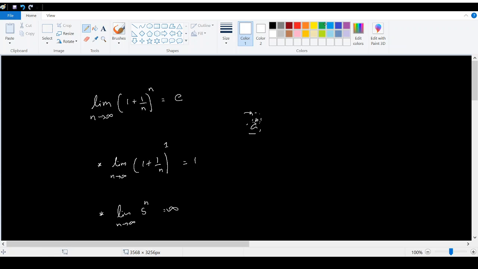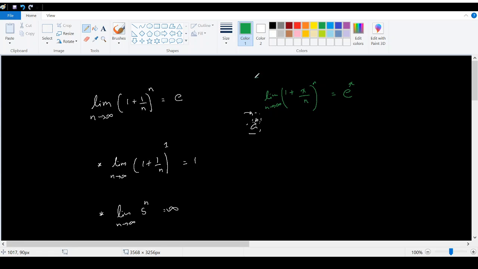And in a more general setting, they have even proved that the limit of (1 + x/n)^n, when n goes to infinity, is equal to e to the power x.